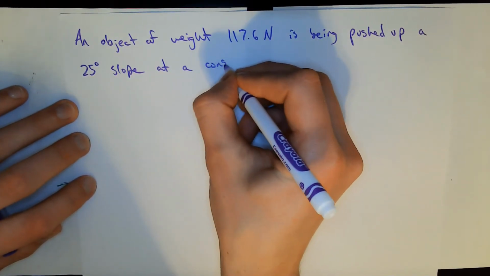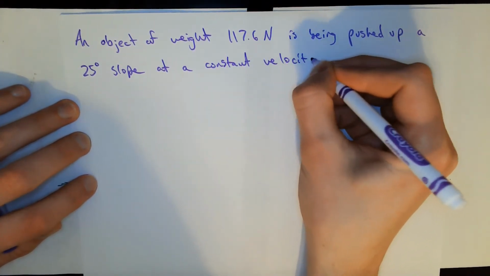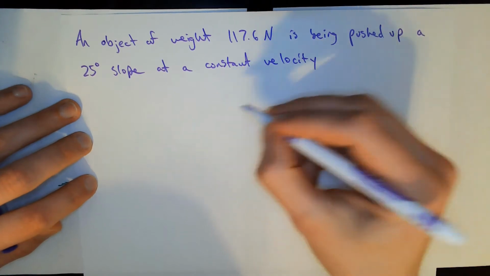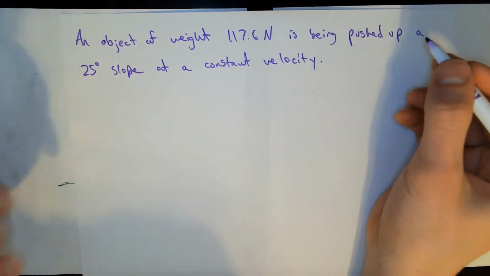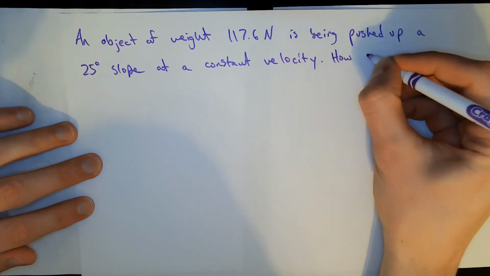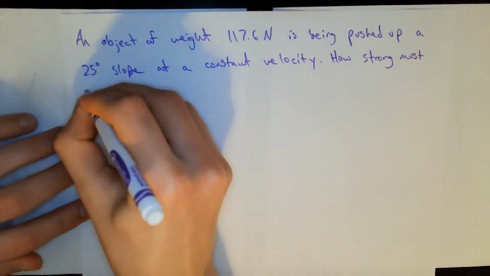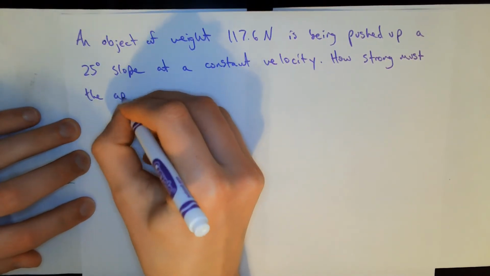I don't think we've looked at one of these before where the object is being pushed up the hill, but we'll look at it at a constant velocity. How strong must the applied force be?